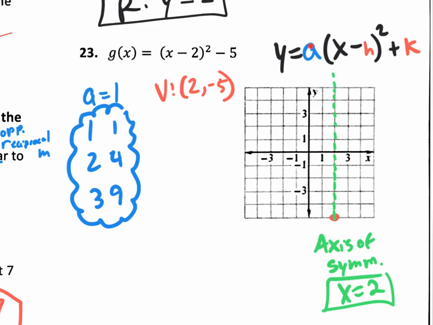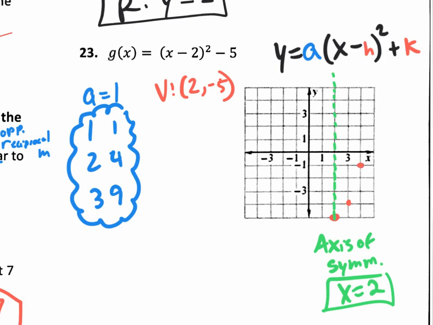So again, the A value being 1, right here, it allows us to use this pattern 1, 1, 2, 4, 3, 9 from the vertex. So 1 over, 1 up. Let's put a dot right there. Go back to the vertex and go 2 over, 4 up. So 2 over, 1, 2, 3, 4 up. Let's put a dot right there.